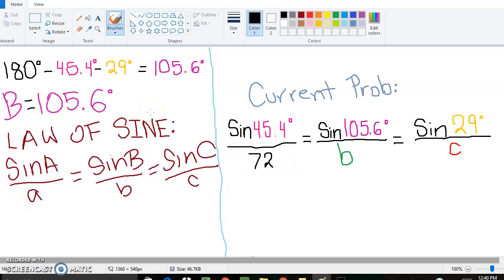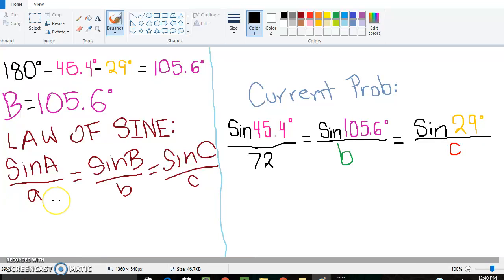And so earlier we went over the fact that the law of sines states that the sine of an angle and the opposite side is going to be constant through this triangle.